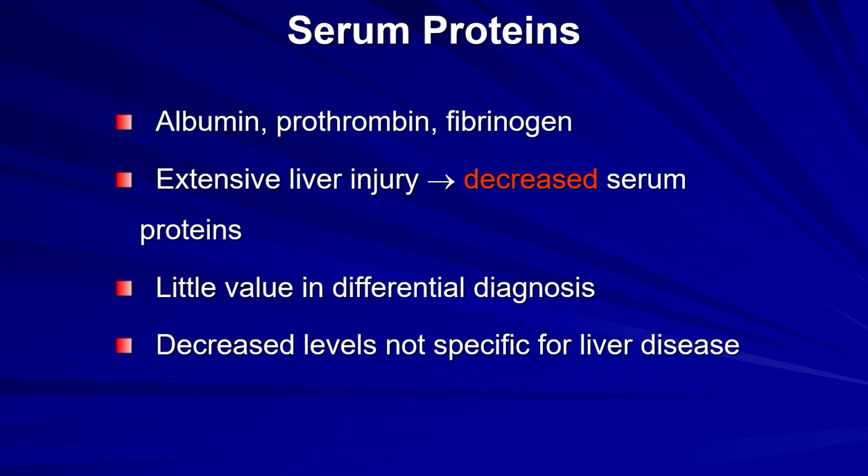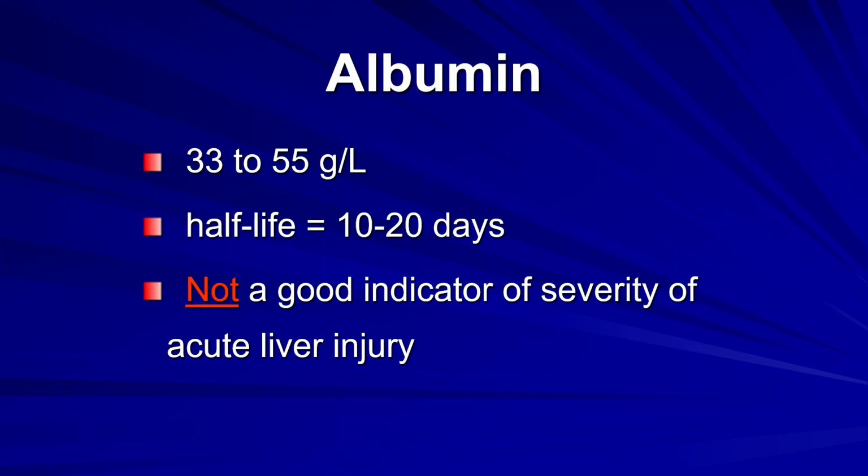Furthermore, hypoproteinemia is not specific for liver disease. It can be due to malnutrition or to reduced absorption of proteins from the small intestine, such as celiac disease, or to wasting of proteins in the urine, such as in nephrotic syndrome. The normal level of serum albumin is between 34 to 55 grams per liter.